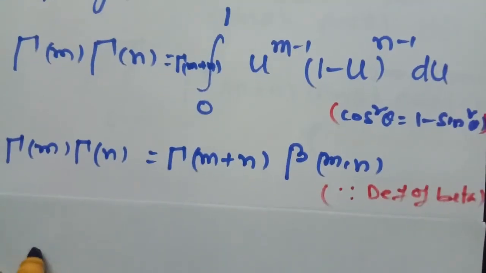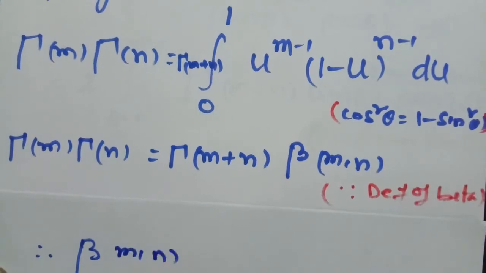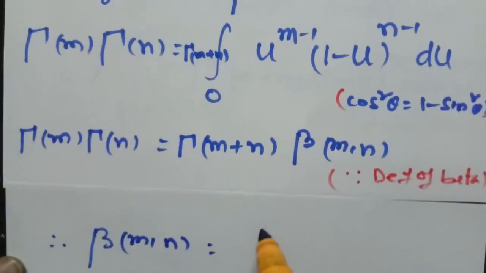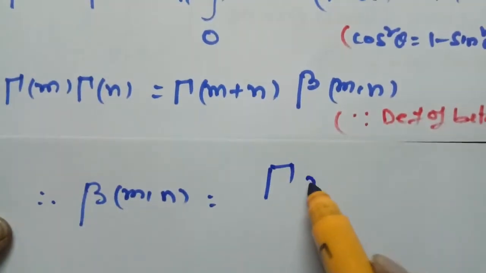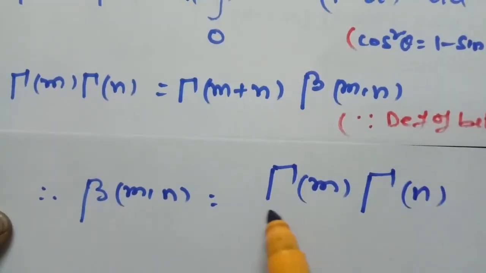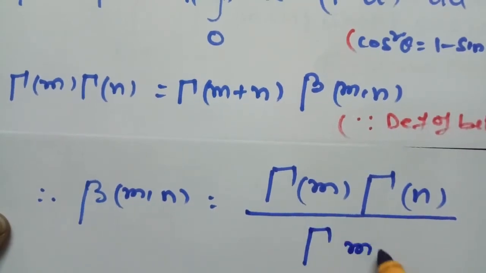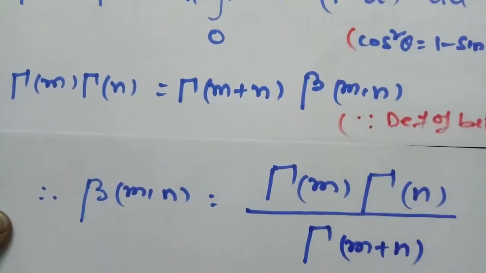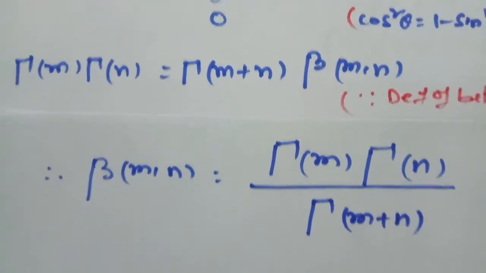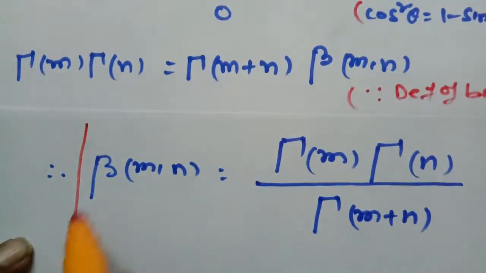Therefore beta m comma n is equal to gamma m into gamma n by gamma m plus n. This is the relation between beta and gamma function.